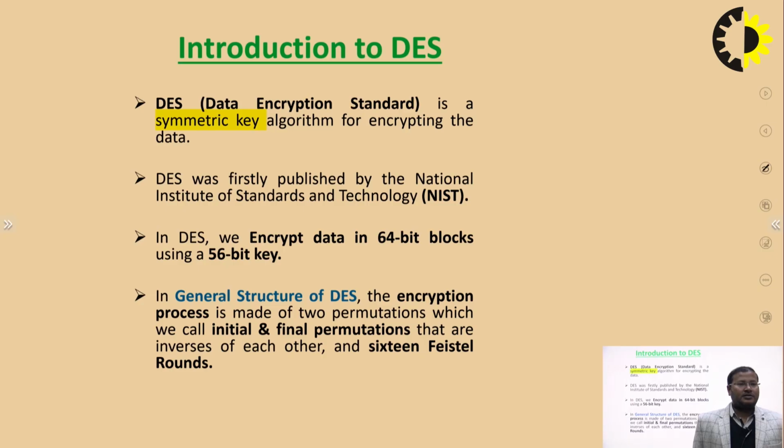In the general structure of DES, the encryption process is made of two permutations, which we call the initial and final permutation, that are inverses of each other, and there are also the 16 Feistel rounds.